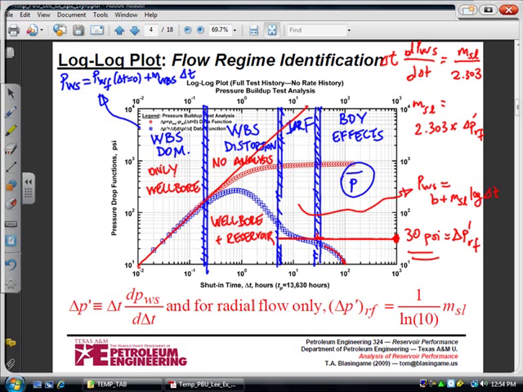And the second thing is to find the wellbore storage. So how do we do that? Okay, since the flow regime is power law, this is the equation for this straight line: y is equal to a times x raised to power b. So if you set x to 1, then you get a, right?